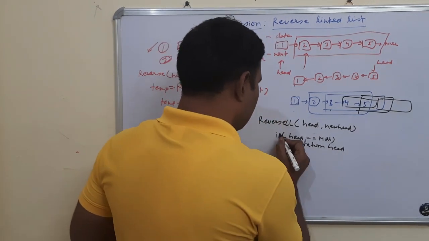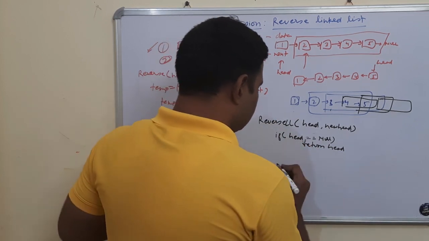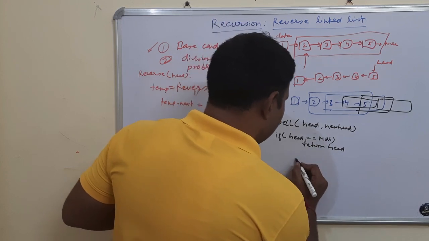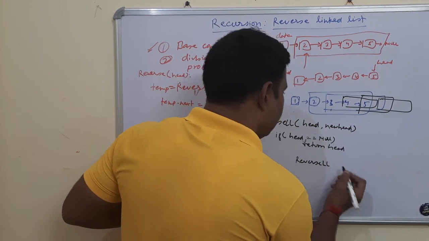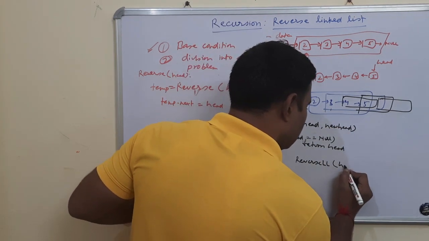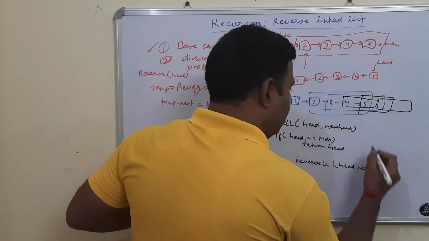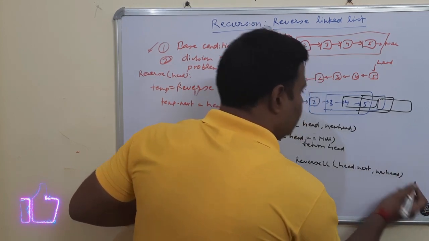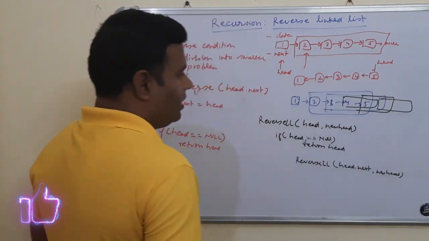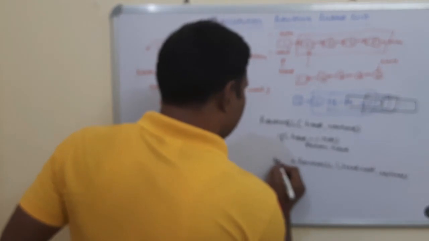Else, if this is not true, then what you have to do: first of all, call reverse linked list with head dot next and new head. New head is initially provided as null, we will populate that variable. Now this will return some temp variable.